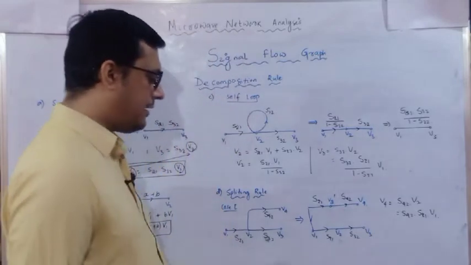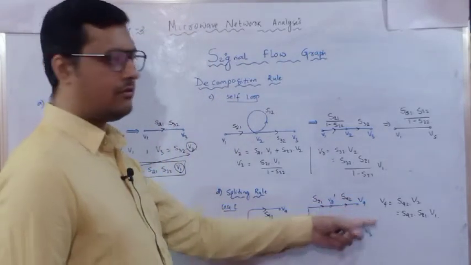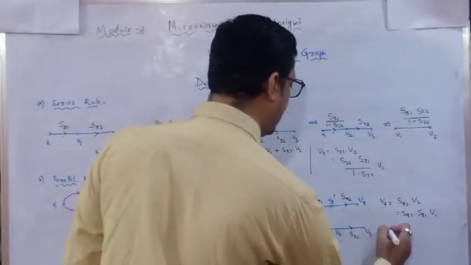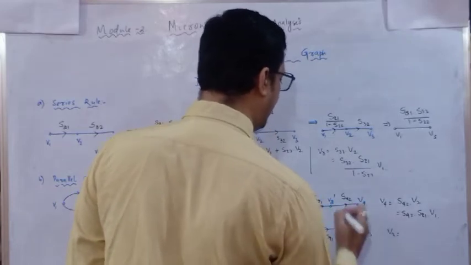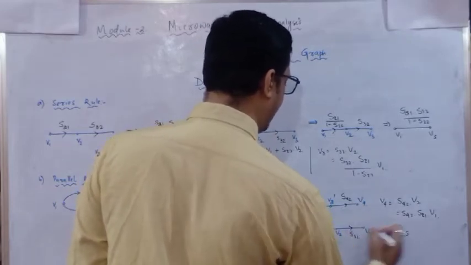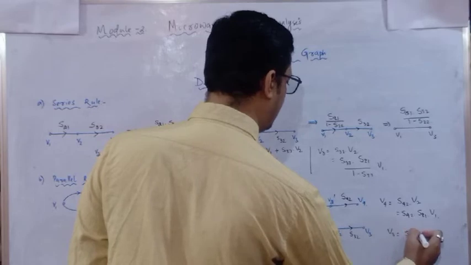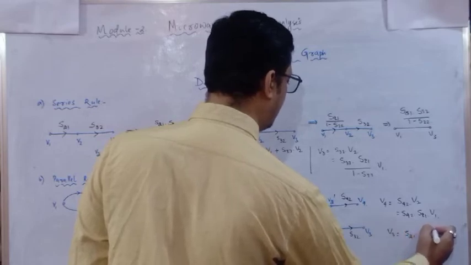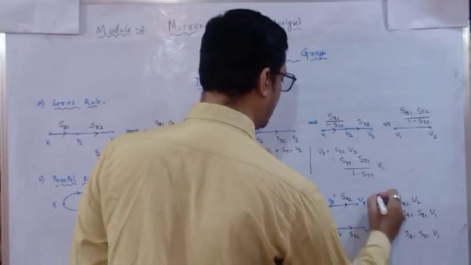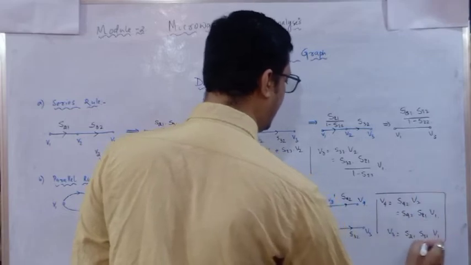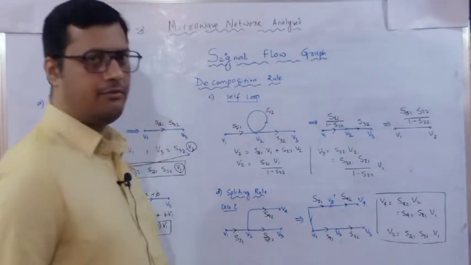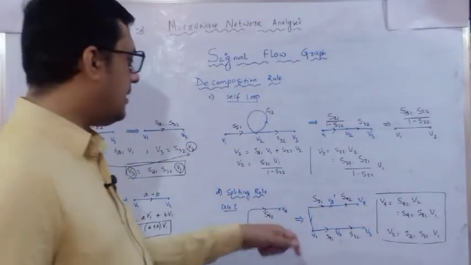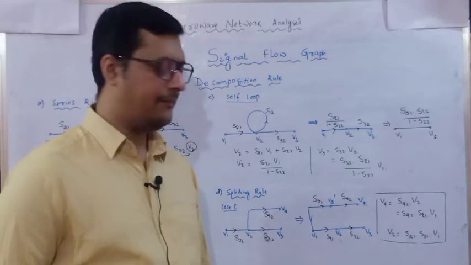So this is the first thing with respect to V4, and with respect to V3, if you are identifying, then it is a series rule, S21 S32 into V1. So these are the resultant relations with respect to V4 and V3. This comes under your splitting rule. Okay.